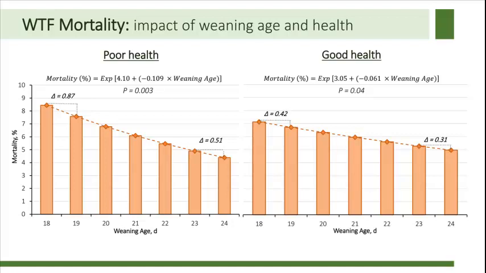For those conditions where the sow farm was under PRRS or PED, the rate of change is greater than for those conditions where the farm was under good health. So there is an advantage in those two situations, but the advantage is greater for poor health conditions.